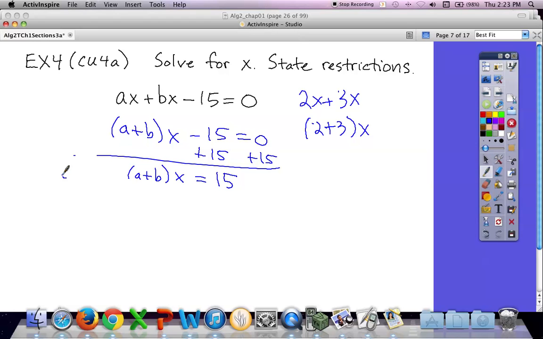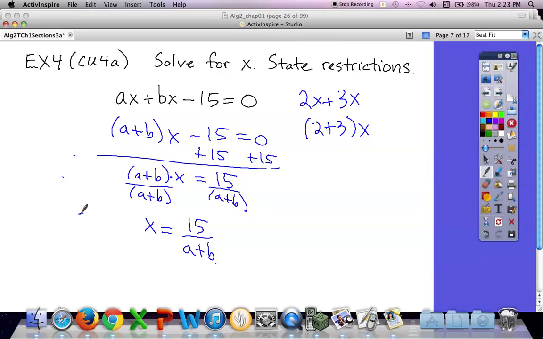The thing that's with X right now is this quantity A plus B, which is multiplying times X, right? What's the opposite or the inverse operation from multiplication? Division, so divide. X equals 15 over A plus B.